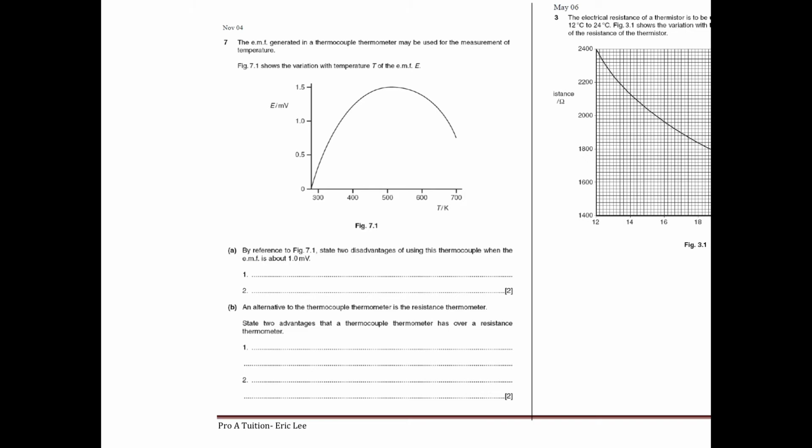So the problem is at 1.0 millivolt, you see two possible temperatures. The first temperature is about 400. The second temperature is about 600 something. So that is the disadvantage based on the graph: two possible temperatures.